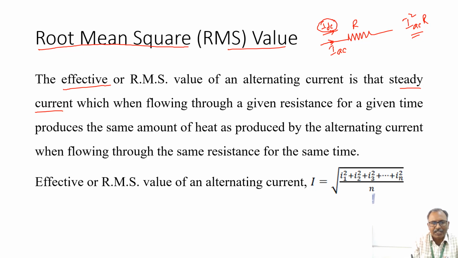That value is called the RMS value or effective value. And mathematically, the expression for RMS value is given by I RMS equal to square root of I1 square plus I2 square plus I3 square and so on plus IN square, divided by N.